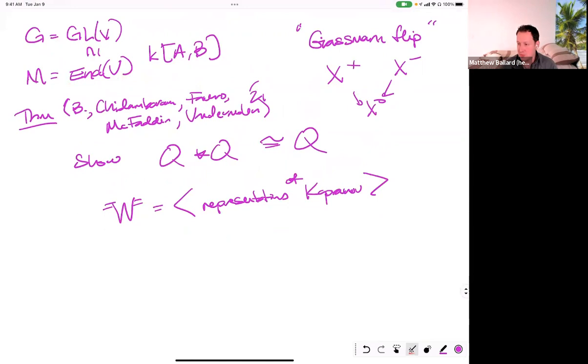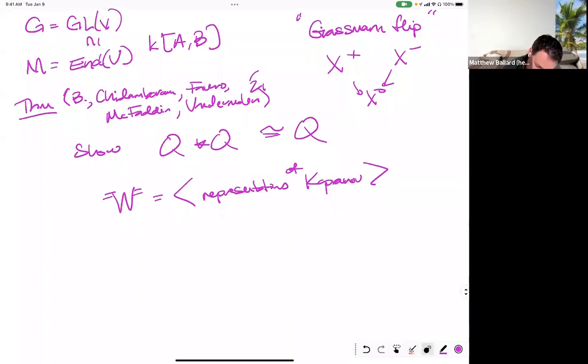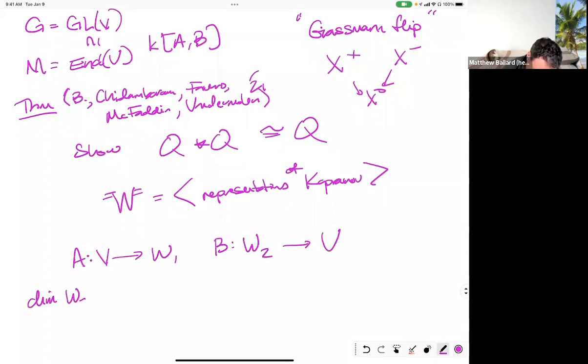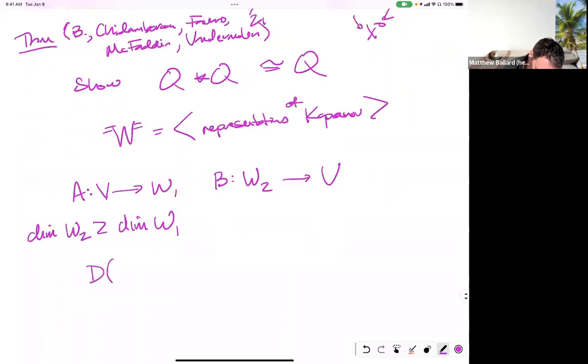All right, and then moreover, I said we had two different dimensions, right? We had A going to W1 and B going to W2, to B. If the dimension of W2 is bigger than the dimension of W1, then you get a semi-orthogonal decomposition of the derived category of one of the GIT quotients in terms of the other for the smaller one.